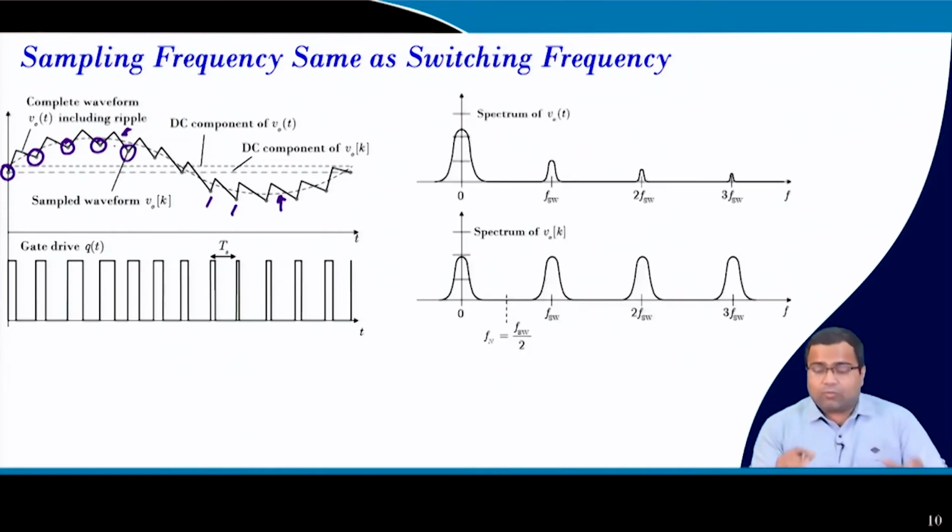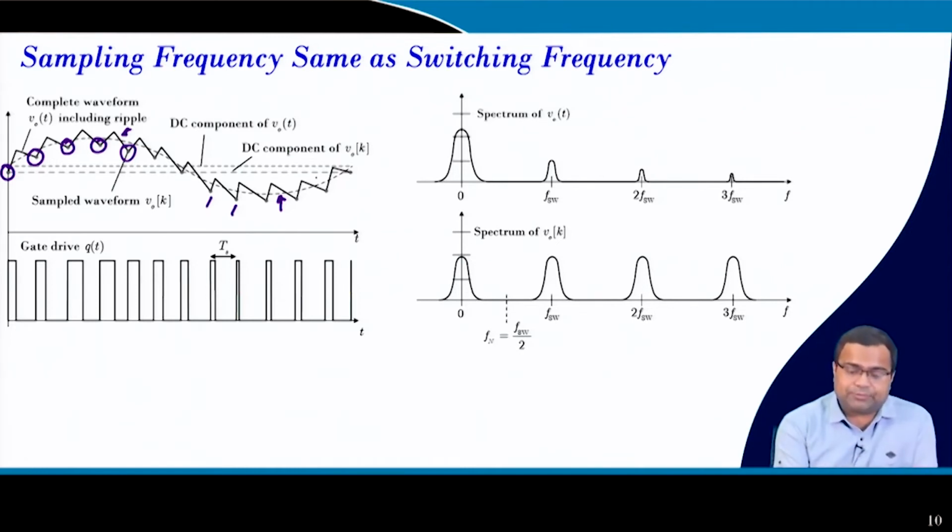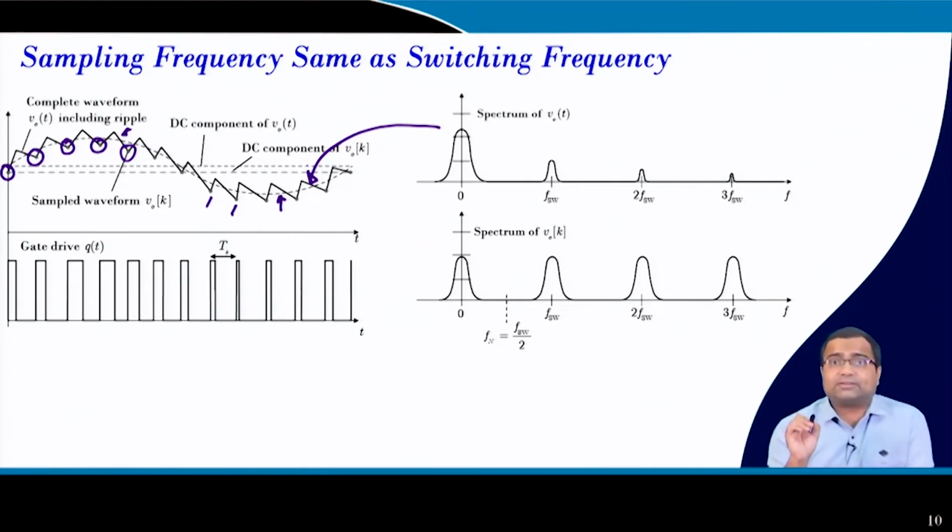Then what will happen? Consider the actual power spectrum of the analog signal, that means the analog voltage. We know the output voltage in a DC-DC converter should behave as DC, right?